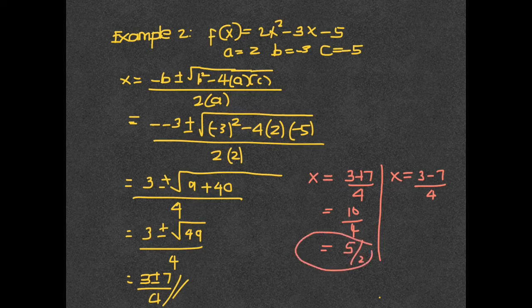This is one of the values of x. The second is using the negative 7, so 3 minus 7 is negative 4 over positive 4, and this time it is equal to negative 1, which means that our two x values are 5 over 2 and negative 1.